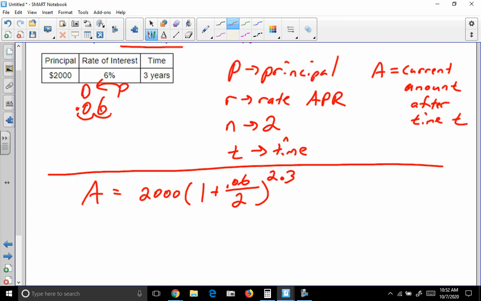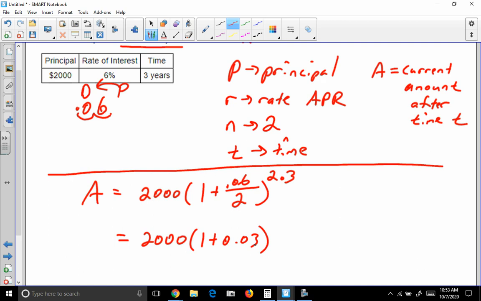So order of operations tells us that we're going to do what's inside parentheses first. So that's going to give us 0.03 when we divide. Let's talk about what that 0.03 is. We're getting interest twice a year. So instead of getting 6% both times, we're going to get 6% divided by 2 both times. So we're going to get 3% twice.